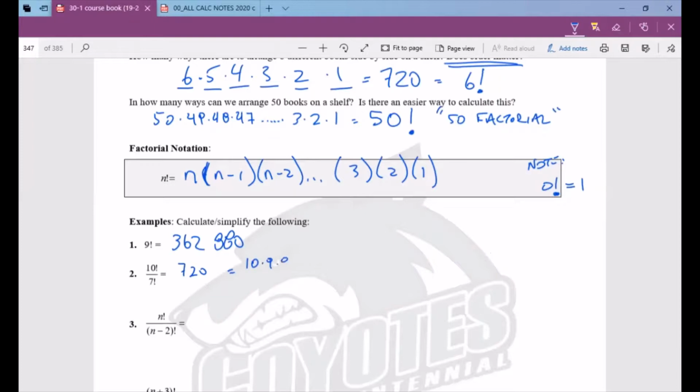Because 10 factorial is this. Now, how can this be calculated in my head, do you think? Because 10 factorial means this, and if I'm dividing by 7 factorial, that means this. And the reality is a lot of this divides out. And so 10 times 9 times 8. 9 times 8 is 72. Times 10 is 720. Very doable.